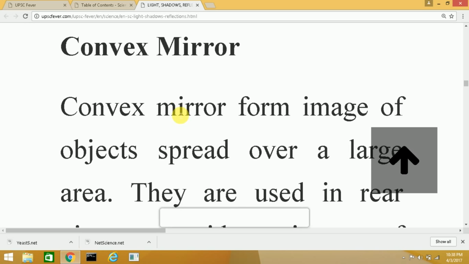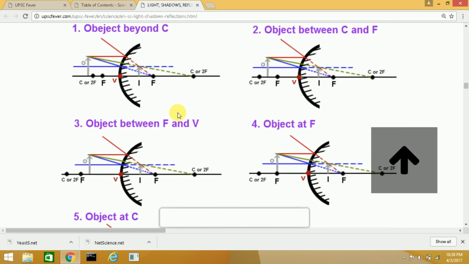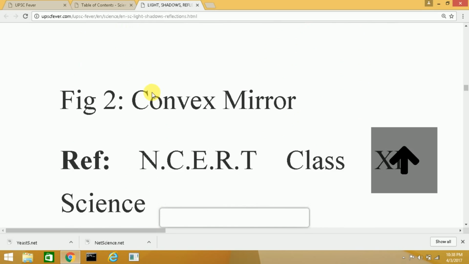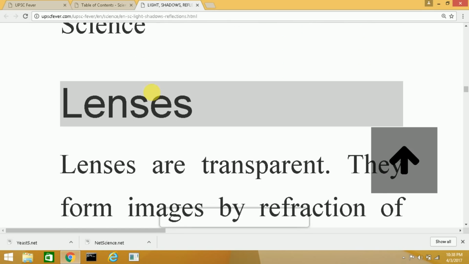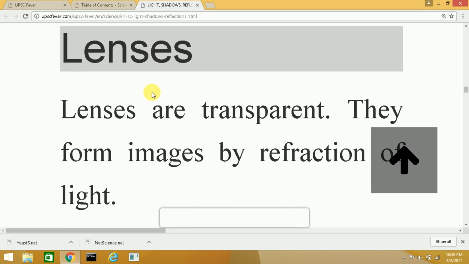So you can see in this image that wherever the object is kept, you will always get a virtual erect image which is diminished, and so the convex mirror is used in the rear view mirrors or side view mirrors of cars.